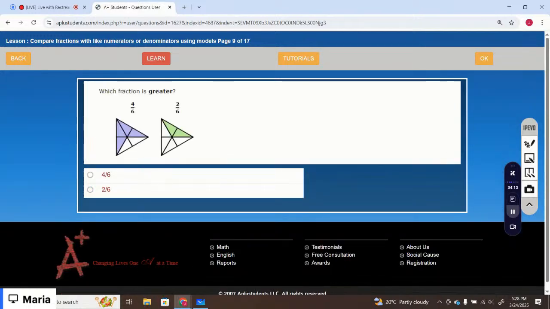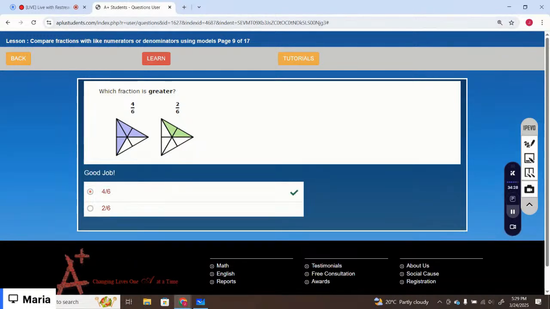Which fraction is greater, 4 by 6 or 2 by 6? 4 by 6 is greater than 2 by 6 because 4 by 6 has more portion colored than 2 by 6.